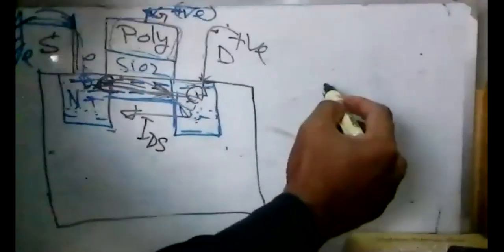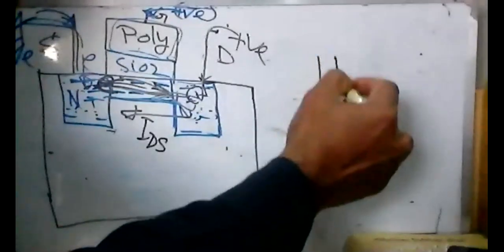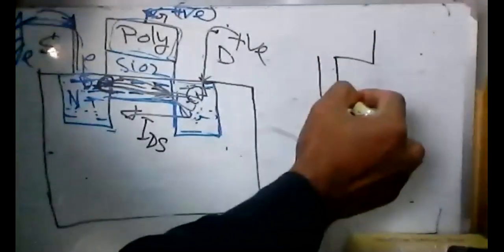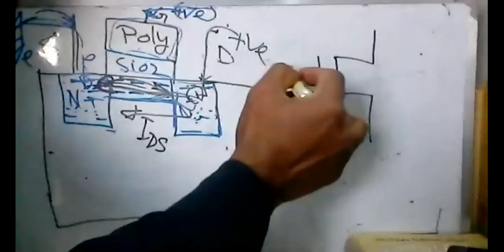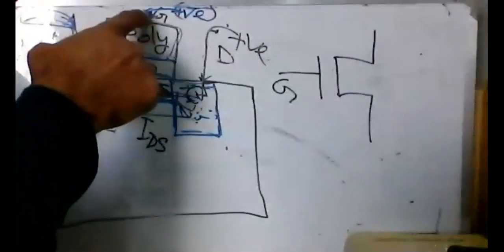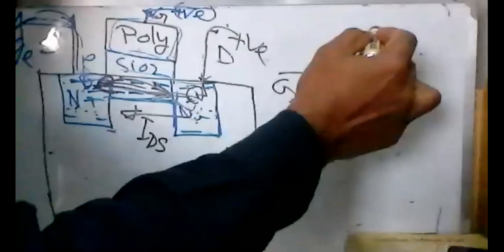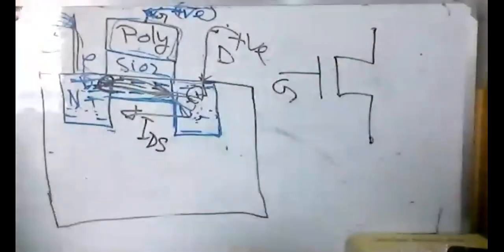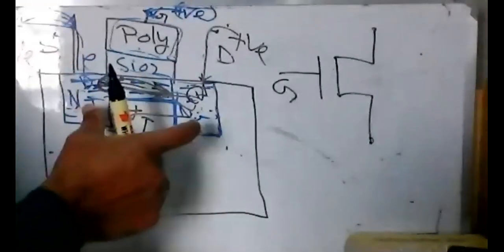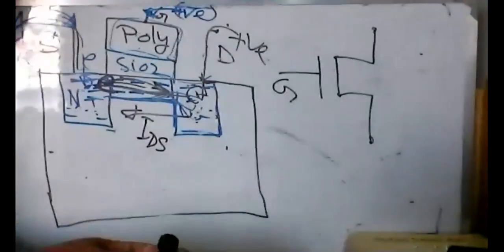Now if we see the symbol, it looks like this. This is a gate, and these two are considered source and drain, both the same.